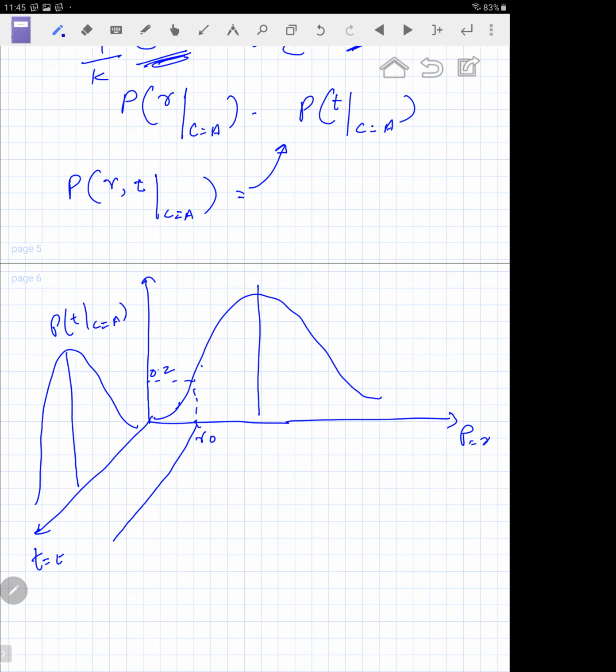So when you multiply this entire distribution by this 0.2 value, because it's a product of the two distributions, I'll see something like a curve over here, right? To reiterate, this is the probability of R comma T, which is equal to the probability of R times the probability of T.